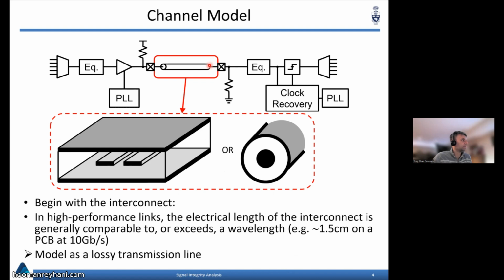So we'll start with the central part of the model here, the interconnect itself, and then we'll move out from there, adding various discontinuities and termination and so on.